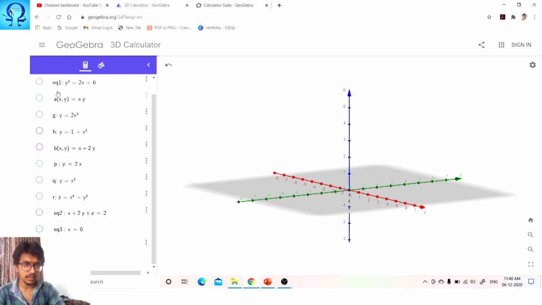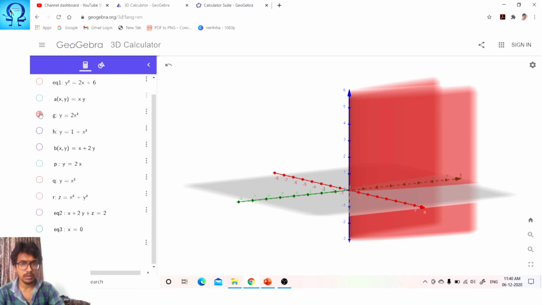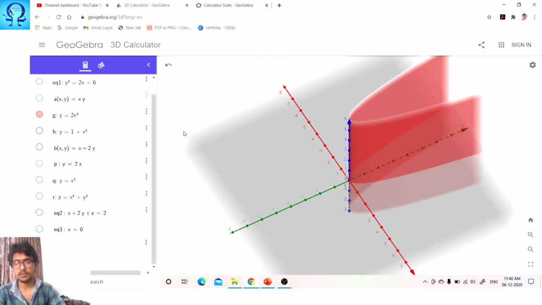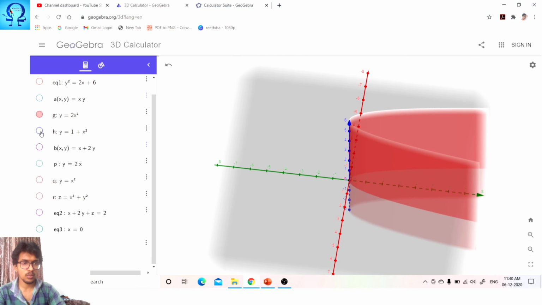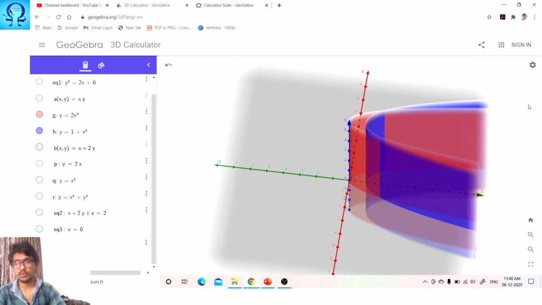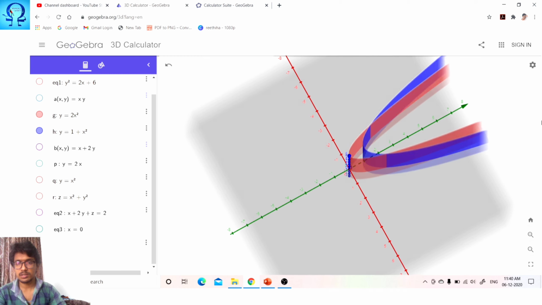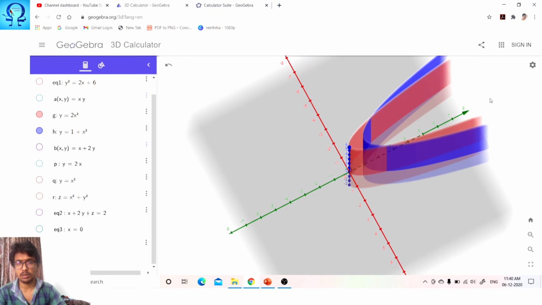When we go to things in 3 dimension, y is equal to 2x square. So you may very well see how it behaves, right? And y is equal to 1 plus x square. Here you may see the 3 dimension version of the thing that we have seen in 2 dimension.